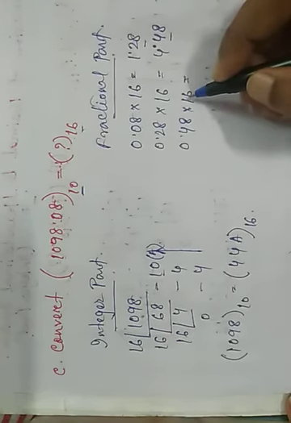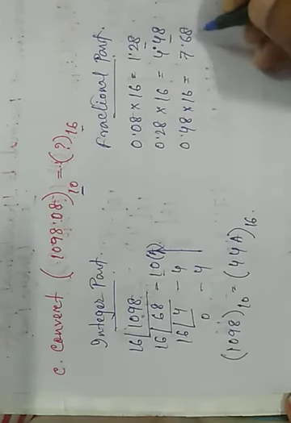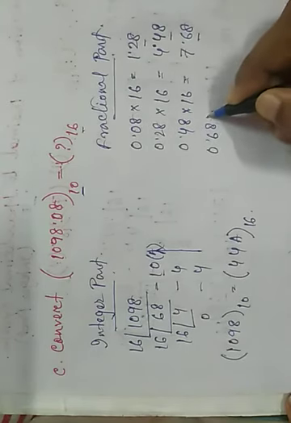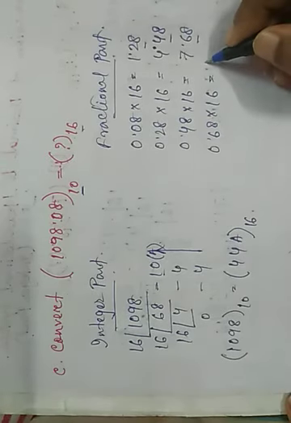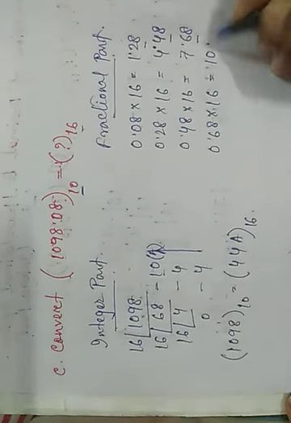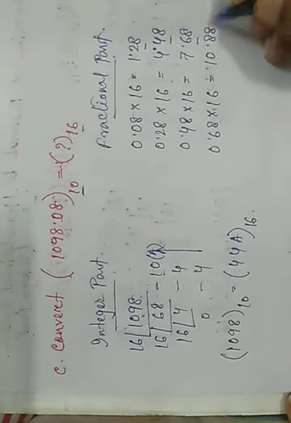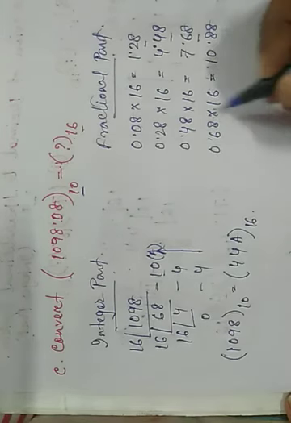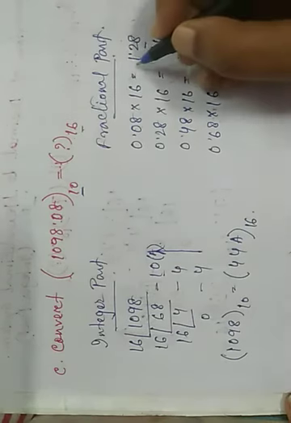It will be 7.68. For 0.68 into 16, it will be 10.88. Okay, if you want you can continue, but I am leaving here.